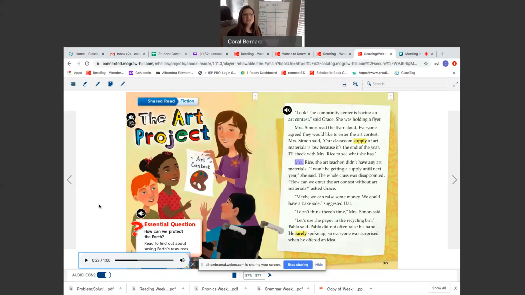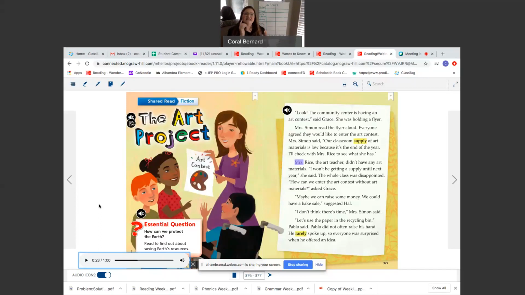I'm going to do a quick sketch, and my sketch is going to be a whole bunch of crayons. And remember, when you're doing your quick sketch, it is not a fancy drawing. It's just something very fast to help your brain remember the definition of the vocabulary word. So there's my supply of crayons, my collection of crayons.